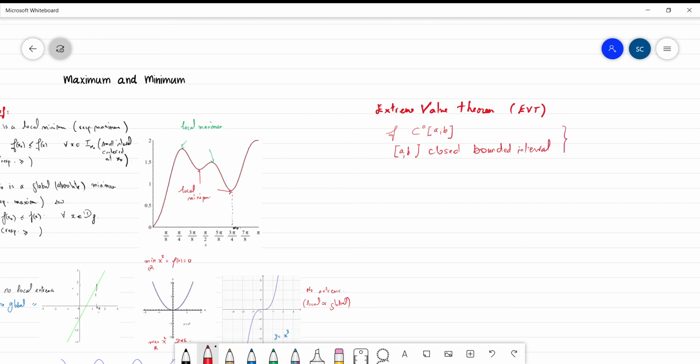then the maximum and minimum of f are attained somewhere on the interval.